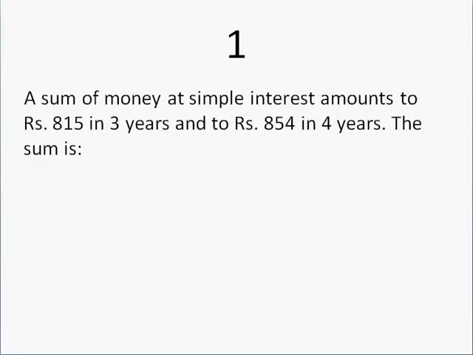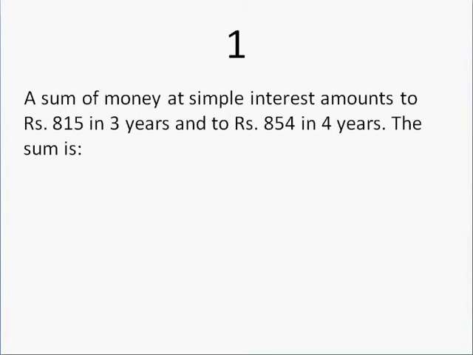So we can find our simple interest. Simple interest for 1 year is equal to rupees 854 minus rupees 815, right? Because at the end of 4 years it was 854, and at the end of 3 years it was 815.